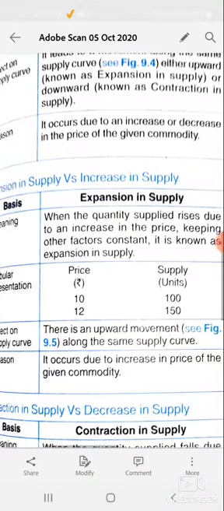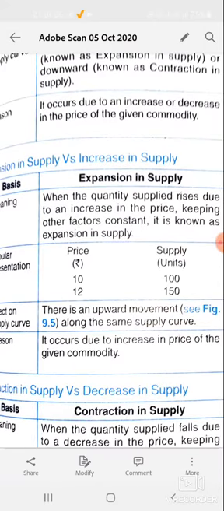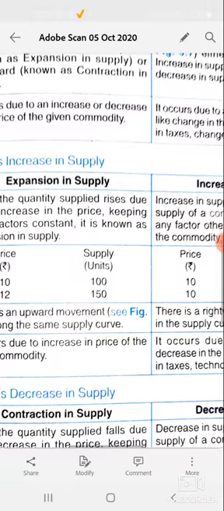Now let us explain the difference between expansion in supply versus increase in supply. What is the difference between expansion and increase in supply?